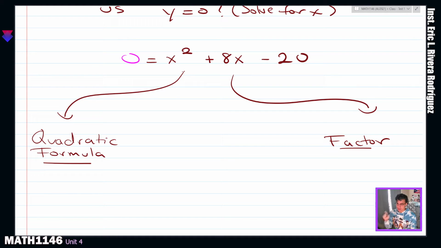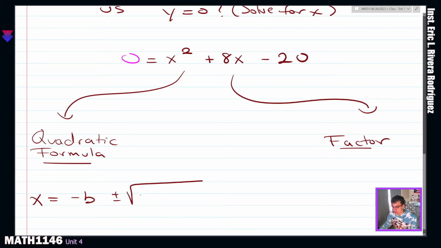Okay, you need to have 0 equals a quadratic equation in standard form, right? And our quadratic formula is going to be the following: x equals minus b plus or minus the square root of b squared minus 4ac, all this divided by 2 times a.